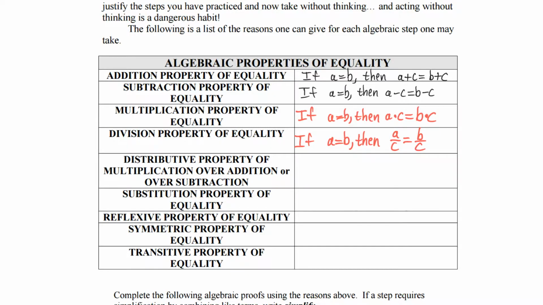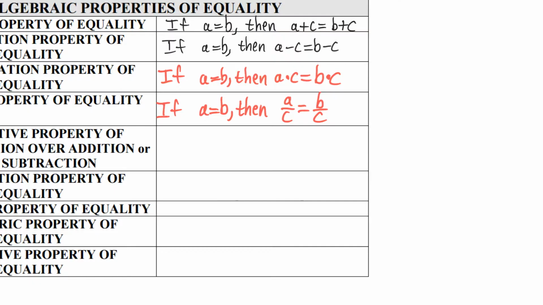Okay, the distributive property says this, that if you have A times (B plus C), that equals AB plus AC.